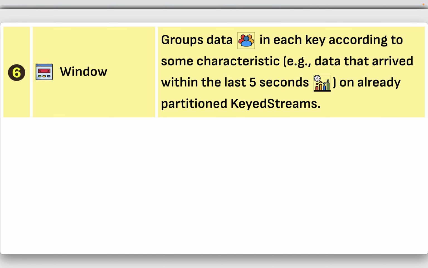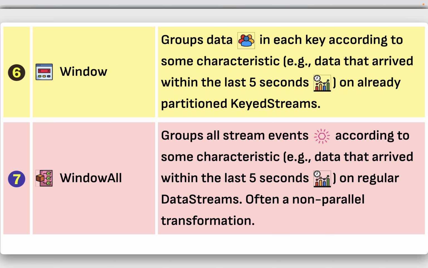Window operator. It groups data in each key according to some characteristics. For example, data that arrived within the last 5 seconds on already partitioned keyed streams. Window all. It groups all stream events according to some characteristics. For example, data that arrived within the last 5 seconds on regular data streams, often a non-parallel transformation.